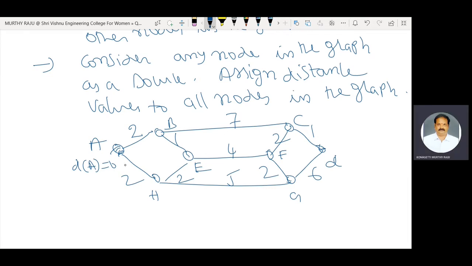Here in this graph, I choose A as the source node, assign its distance value as 0, and all other remaining nodes' distances are infinity. We don't know the original distances initially, so we assign infinity.